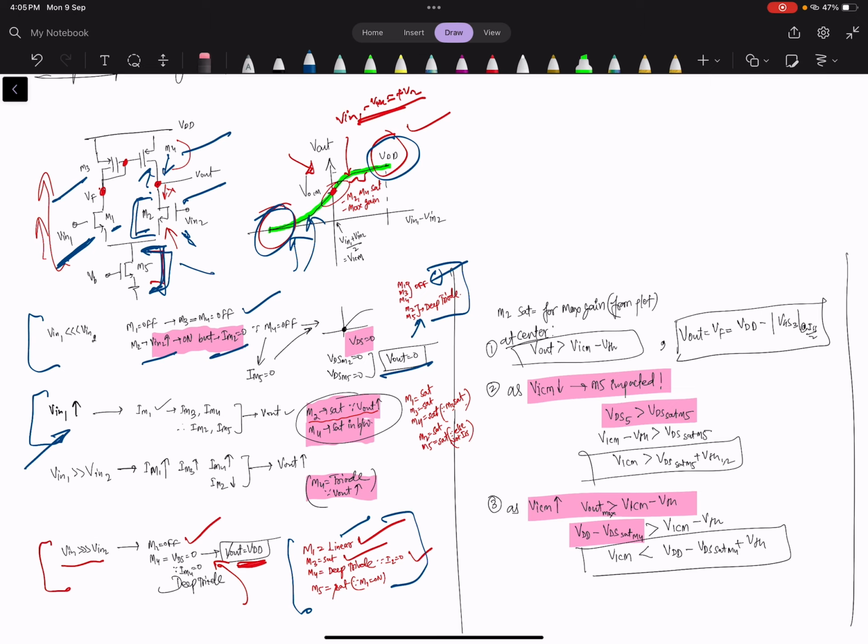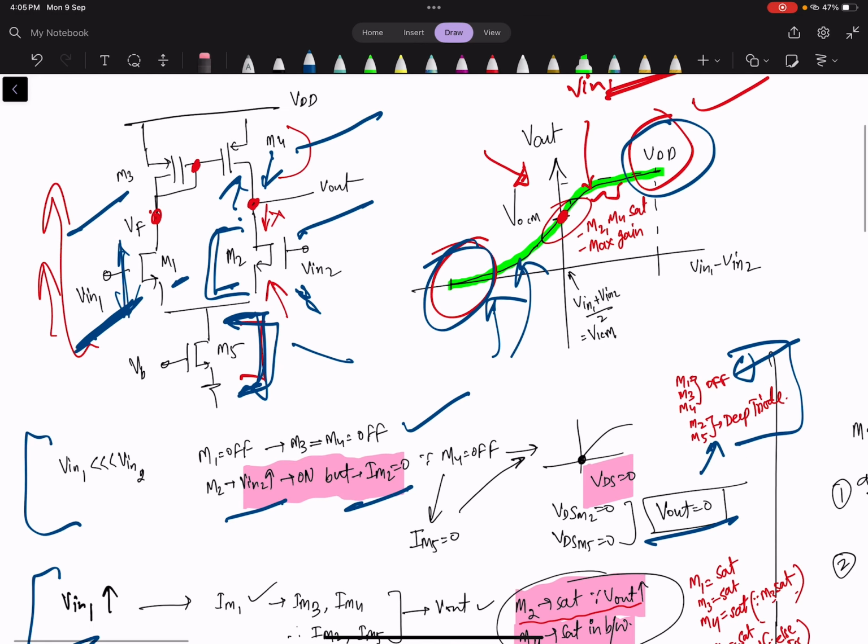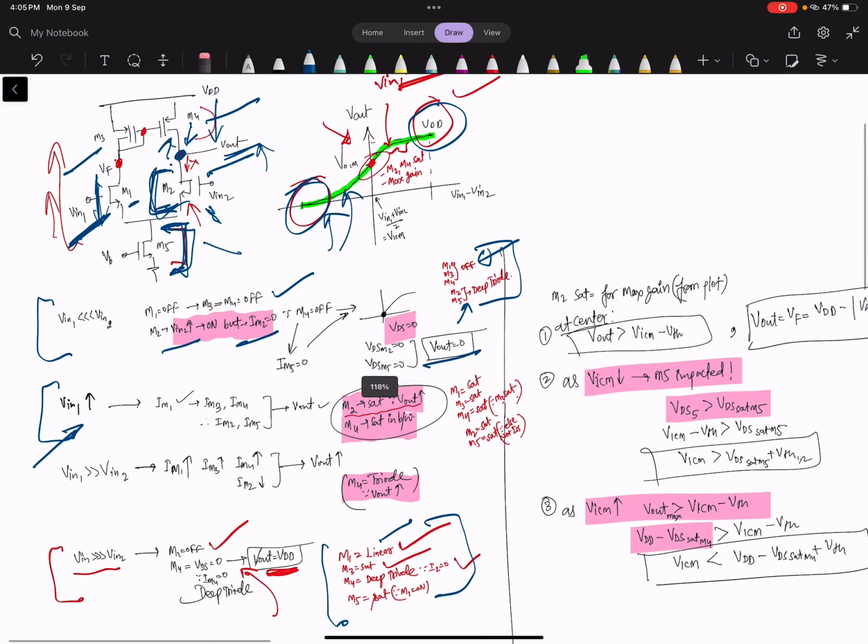The current will increase in this branch. So what will happen? This current will increase, and this potential will increase, this voltage is increasing, so obviously this will go into saturation. Okay, M2 will go into saturation.